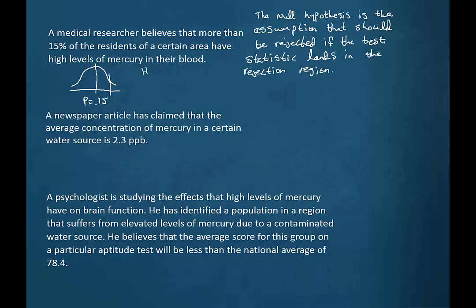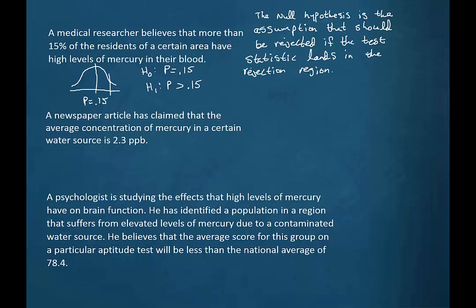So our null hypothesis would be that the population proportion is 0.15, and the alternative hypothesis would be that the population proportion is greater than 0.15. So this would be a one-tailed test.